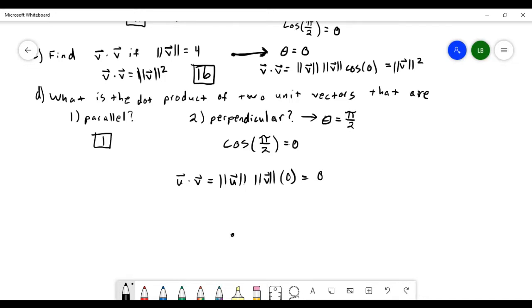They don't necessarily have to be unit vectors. They could be the biggest vectors you've ever seen, and as long as they were perpendicular, their dot product would be 0. So that's a really helpful application of the dot product. It lets you quickly tell if two vectors are perpendicular, because if you take the dot product and you get 0, that tells you that either one of your vectors is 0 or the vectors are perpendicular.